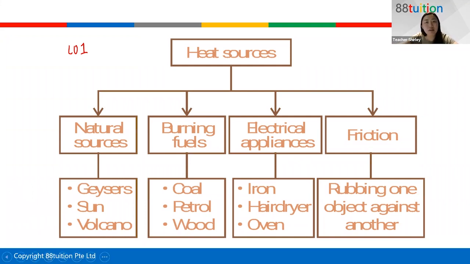Someone typed in the chat: why not colder to hotter? It's always the case that we don't say that something gains coldness. We always say something gains heat. It's because of the way heat energy actually flows.